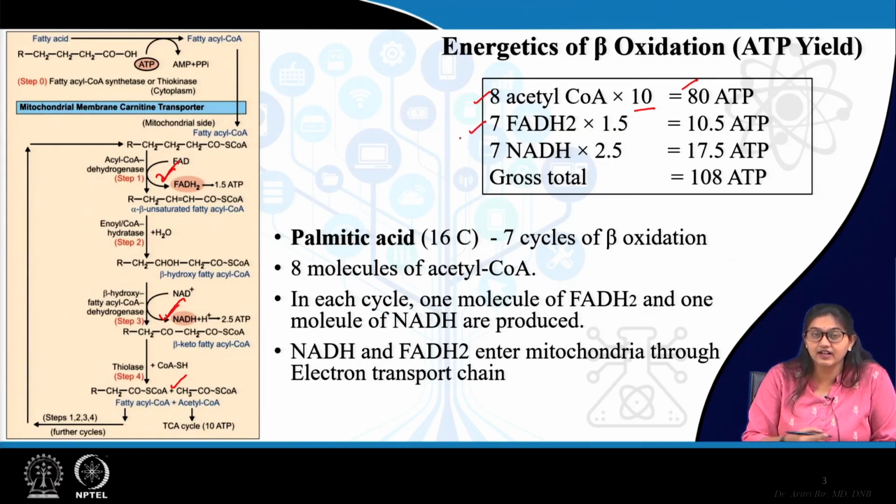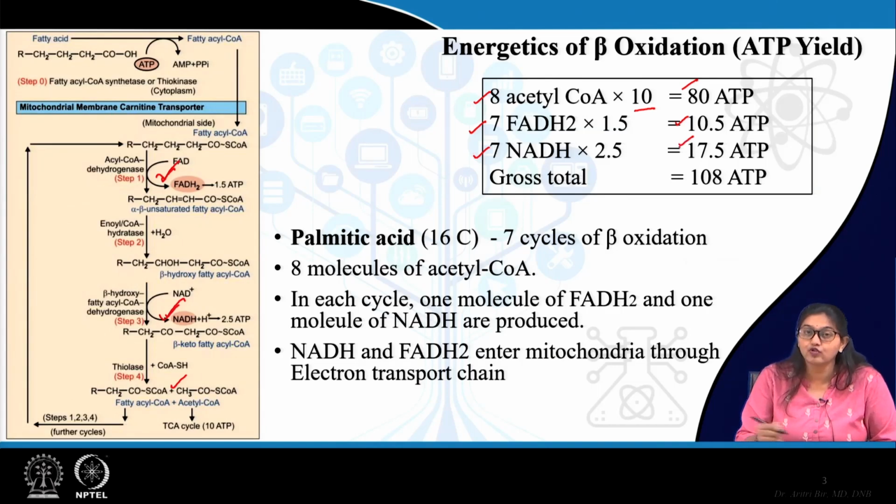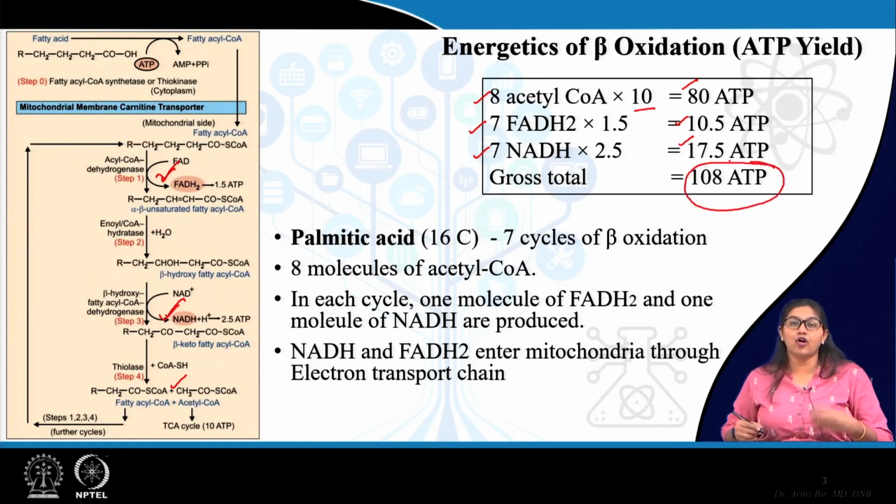Similarly, 7 FADH2 form 10.5 ATPs. For the 7 NADH, each molecule of NADH forms 2.5 equivalent ATP, so here is production of a total of 17.5 ATP. So, grossly 108 ATPs are formed when palmitic acid is oxidized.